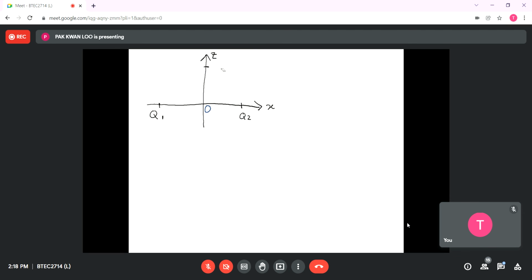Now, without stating the coordinates, I will draw the electrostatic force that is exerted by Q1 and Q2 at this point. So this is the point. This is F1 and this is F2.